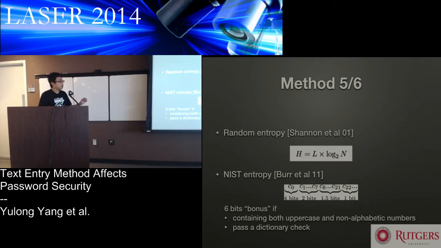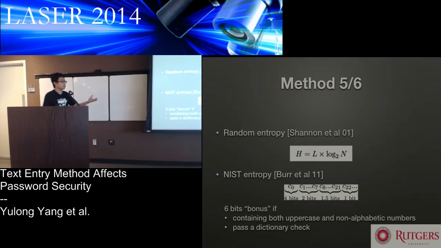The second one is called NIST entropy. It's proposed by NIST in their authentication guide. The proposal is to roughly estimate human-selected passwords. As you can see from the second equation, this NIST entropy assigns different amounts of bits to characters at different positions of a given password.